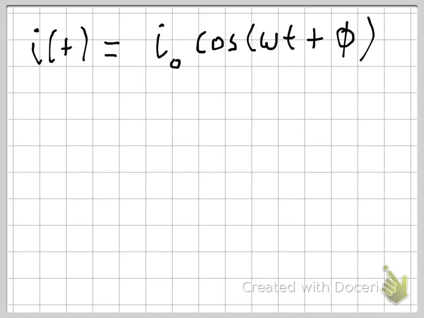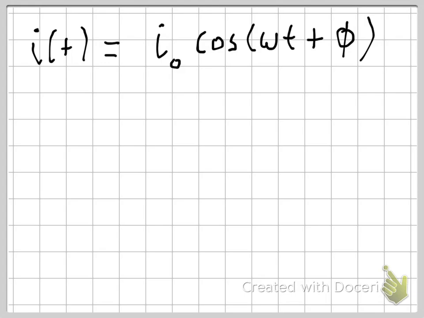Mathematically speaking, we know that the current in the circuit is going to be an oscillatory function of time. It's going to be a cosine function with a peak value of I naught, but the current is going to have some phase. It's not going to be directly cosine omega t like the voltage.